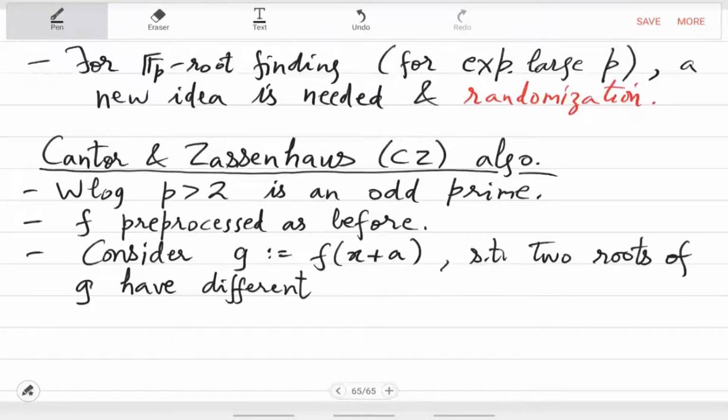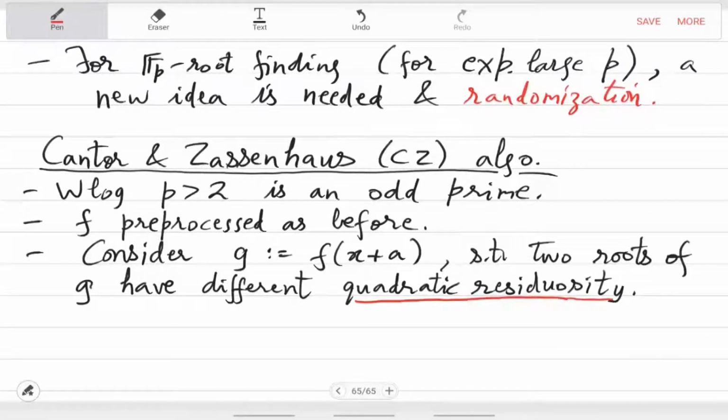The specific property I am looking for is called quadratic residuosity. What is the meaning of quadratic residuosity? Whether a number is a square or not. If it is a square, it is called a quadratic residue. Otherwise, it is called a quadratic non-residue.